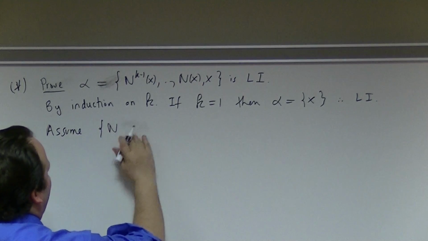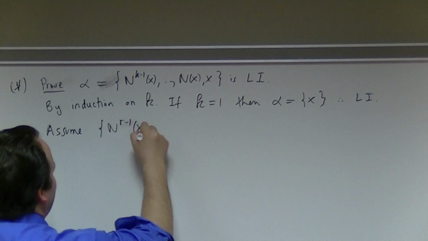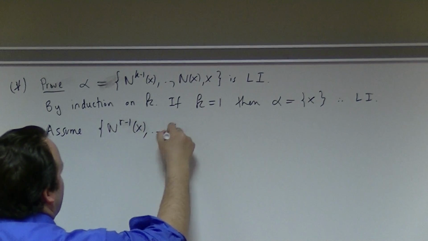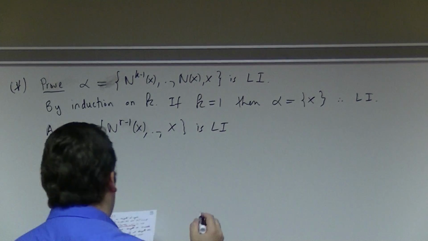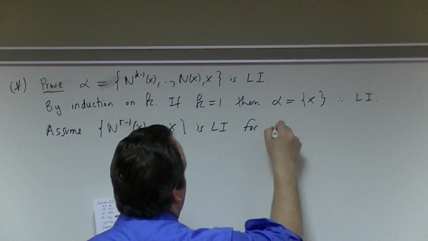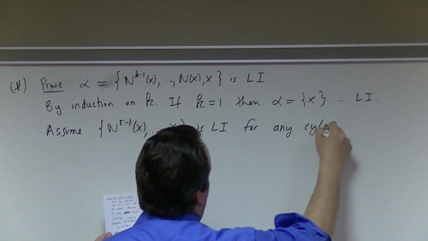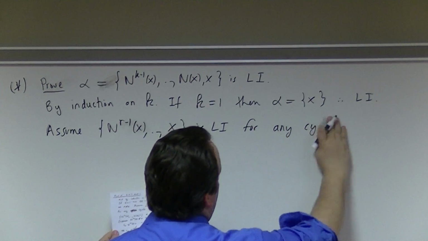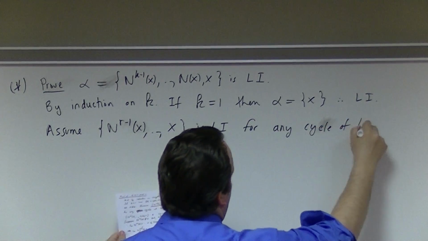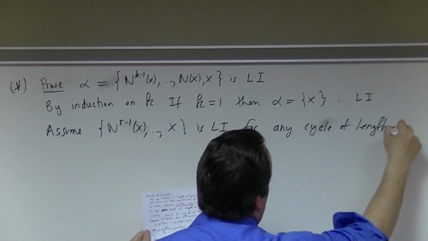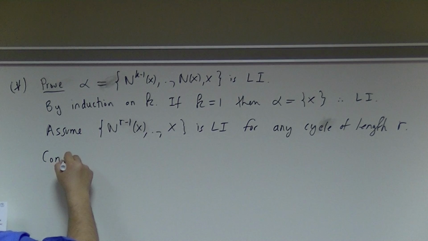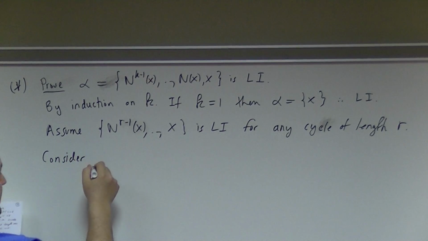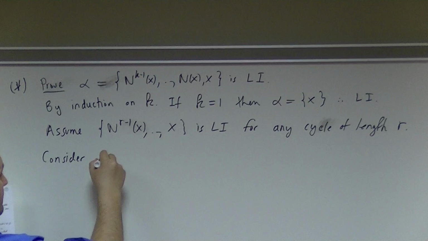R. Okay, sure. n sub r minus 1 of x, x is linearly independent for any cycle of length r. And we need to then consider an r plus 1 cycle. We are hoping to show by induction that the r plus 1 cycle is linearly independent, okay?